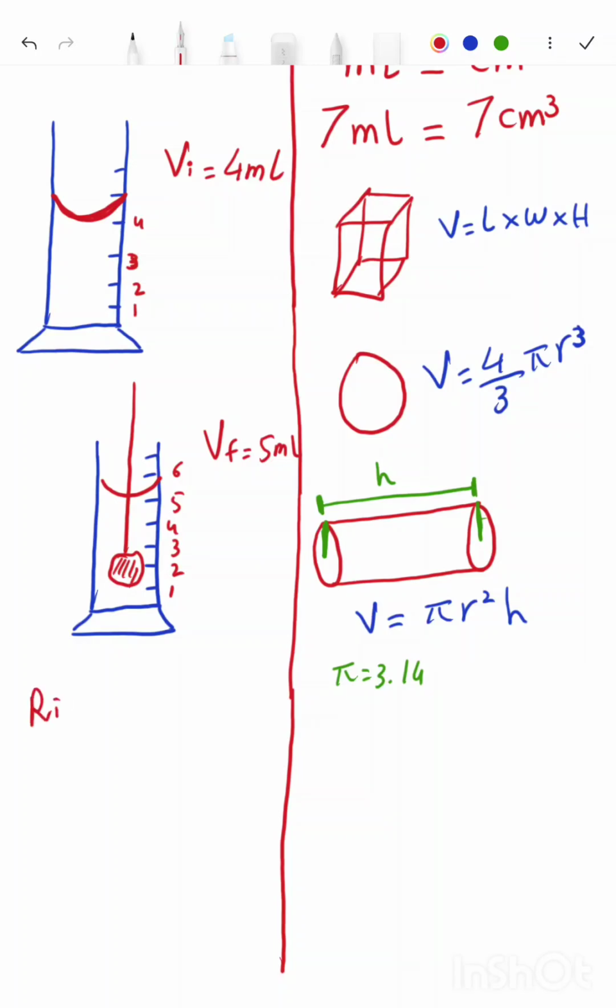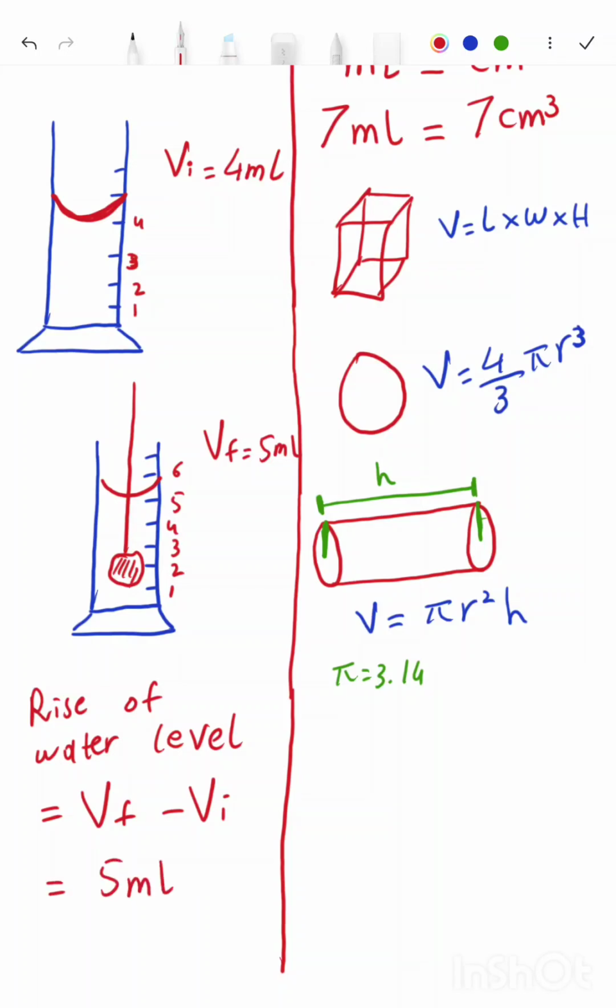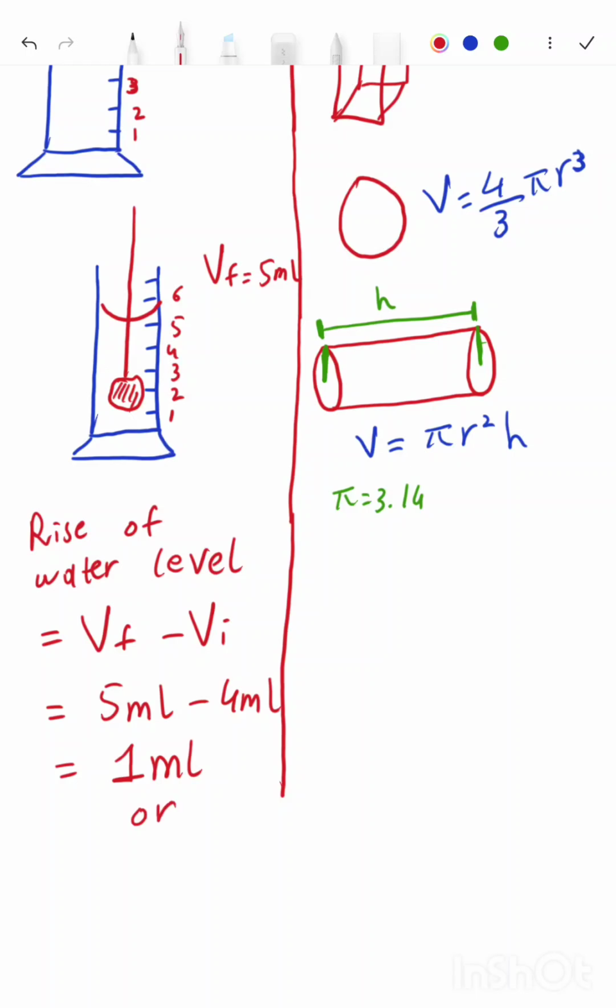So the rise of the water level is equivalent to the final volume minus the initial volume. The final volume was 5 milliliter and the initial volume was 4 milliliter. So the difference in volume is 1 milliliter, which is equivalent to 1 centimeter cube. This difference of volume is basically the volume of that irregular shape object.